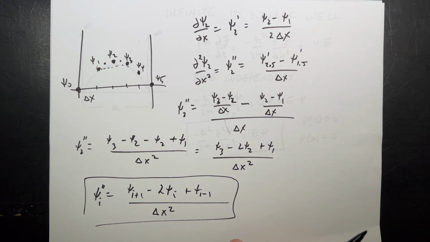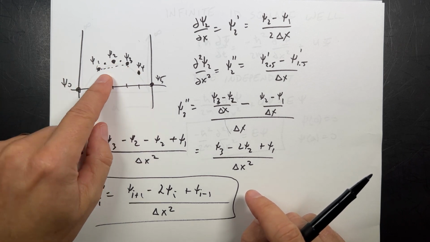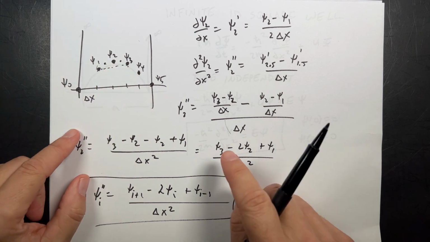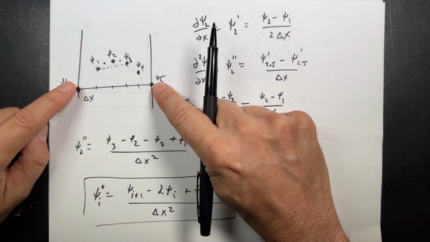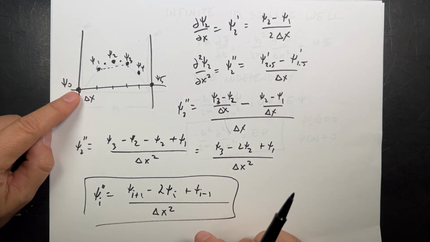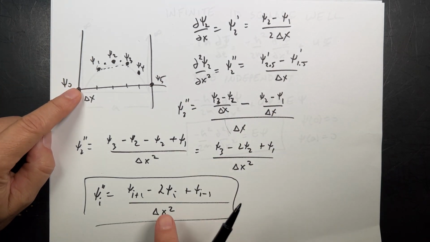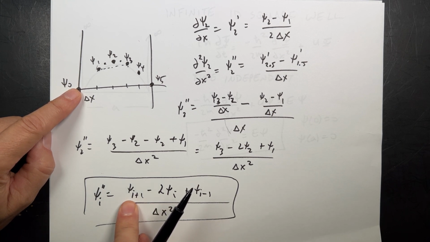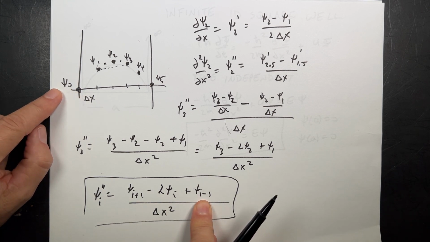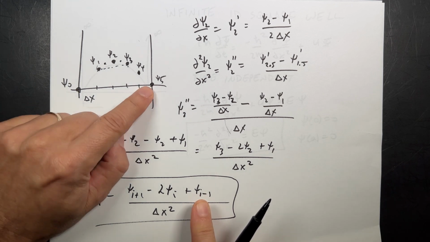Now, you'll notice that I could go through and find the second derivative for all of these points except for these two. I could not do it for these two, right? Because if I want to find the derivative at psi 0, if I put in 0 here, I have that one, I have that one, but psi 0 minus 1 would be over here. I don't have a point for that, so I can't do that one. Same thing over here.